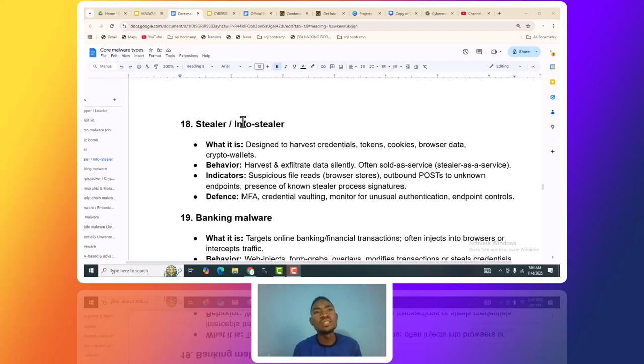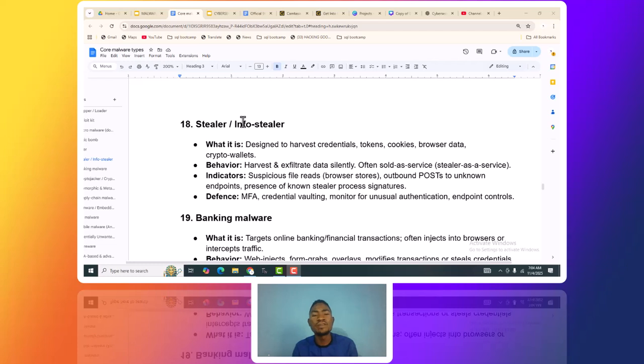These are some of the things that it does, and one of the indicators of compromise that there is a stealer or info stealer in your devices is suspicious file reads of browser stores or even outbound posts to unknown endpoints and presence of non-standard process signatures in your devices.